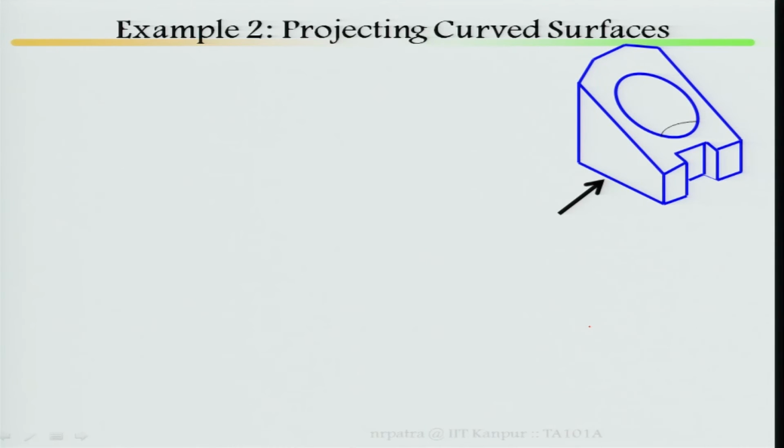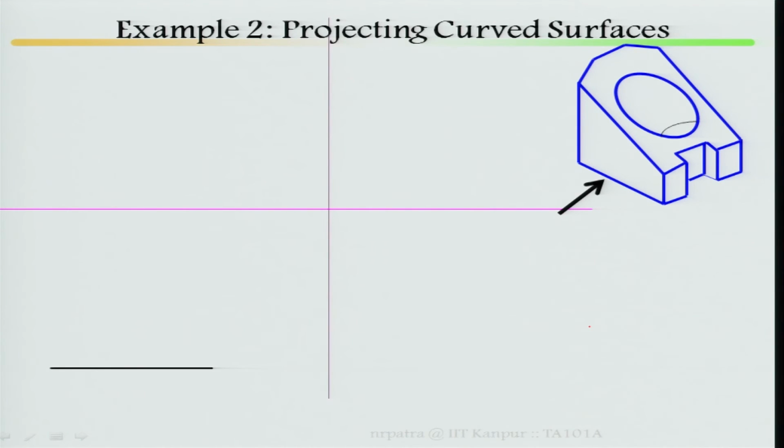Take this curved surface, and particularly take that view. This is your direction of view, that means this is your front face. Then draw your 4 quadrants, mark your horizontal plane as well as frontal plane, then draw the front face. If I am looking at here, this surface I can very easily see. This is this surface.